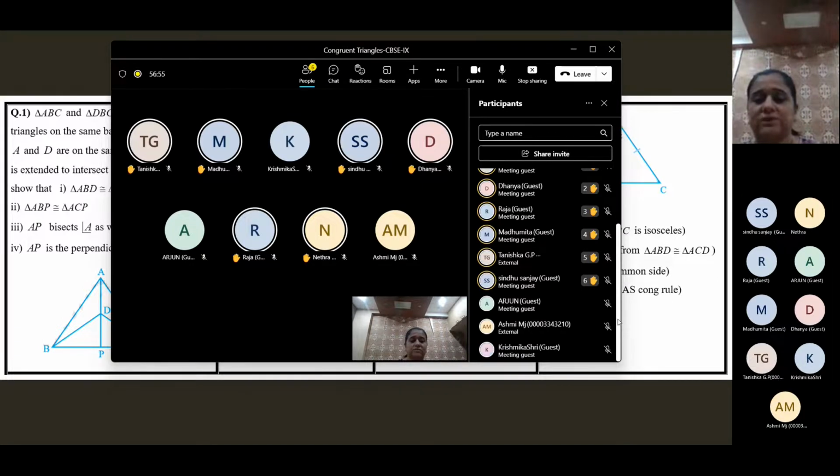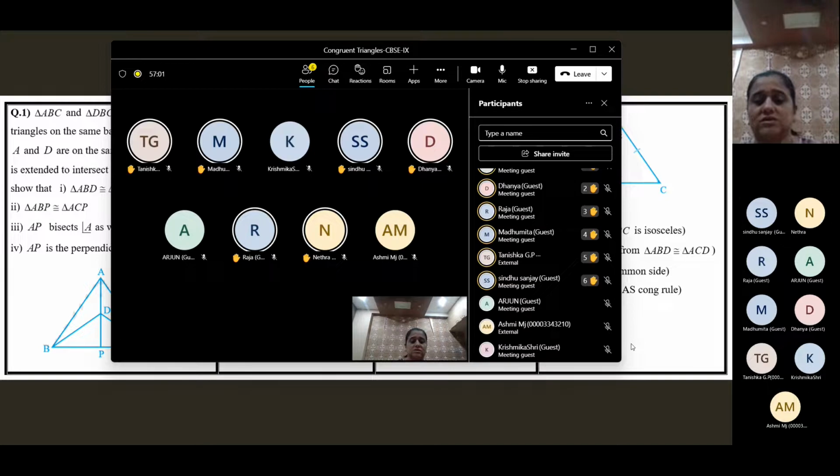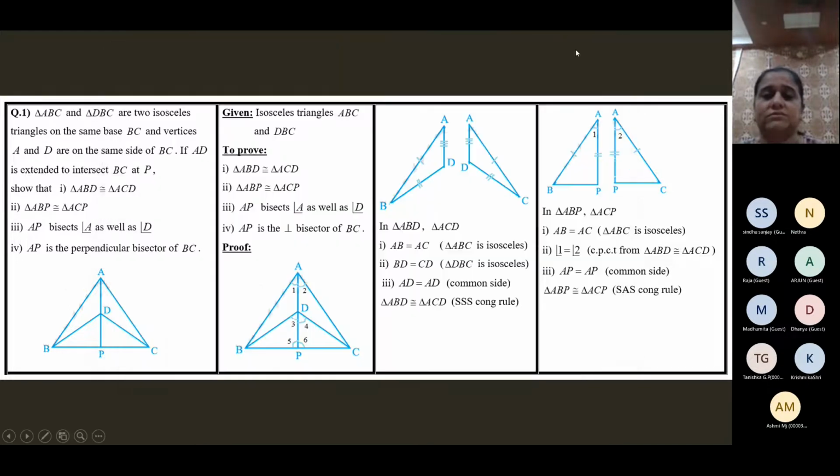Okay, the others please complete it. Sanjay and Sindhu. Arjun, Srijana and Krishmika Shri, please find time to complete all this in your tuition notebook. Yes, ma'am. All right.